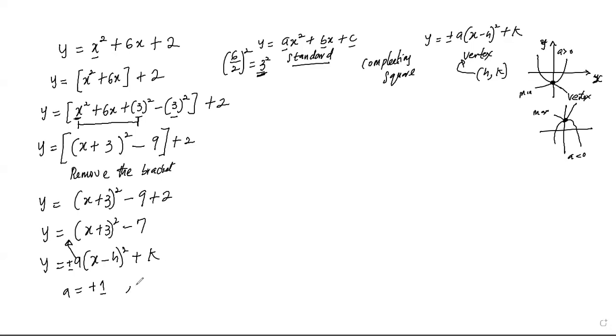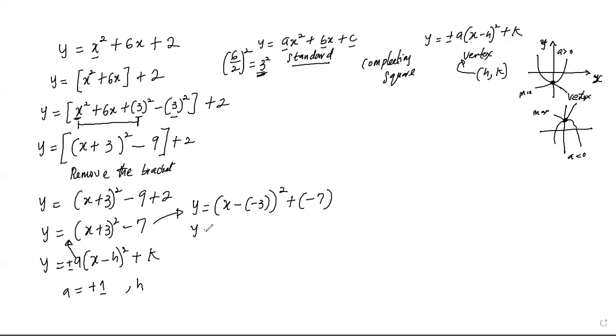And what next? For h, this can also be written, for simplicity, as y is equal to (x minus minus 3) all squared, then plus, then minus 7, just for simplicity.